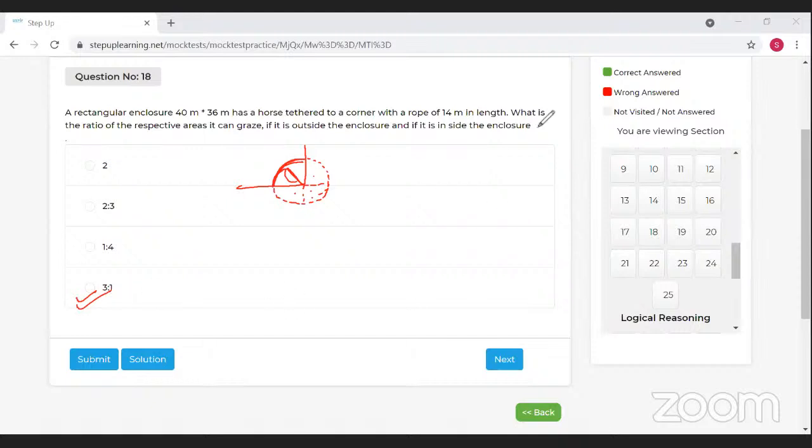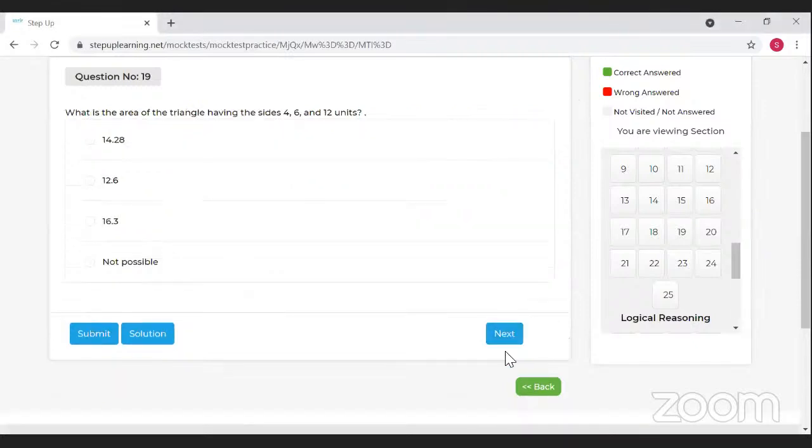Okay, fine. Next one. What does it mean? That it's tied at one place.